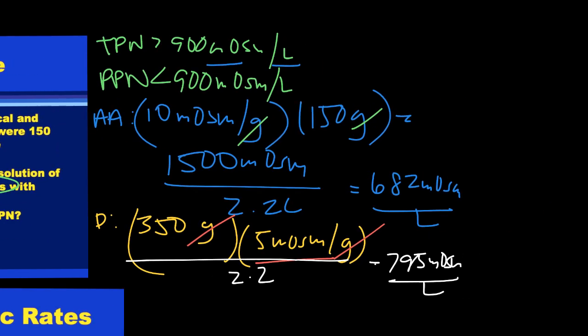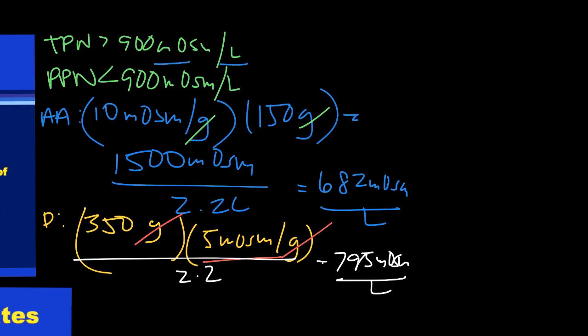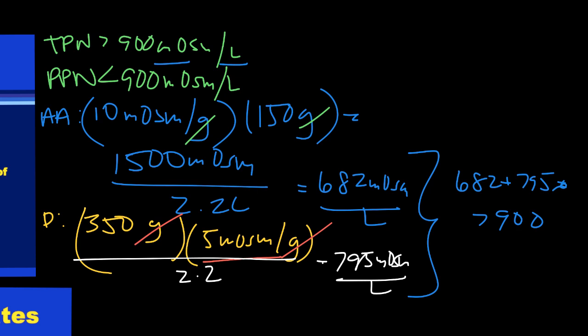So the sum of amino acids and dextrose is definitely more than 900. Since you know that the sum of dextrose and amino acids alone is greater than 900, you can already assume that it's a TPN.